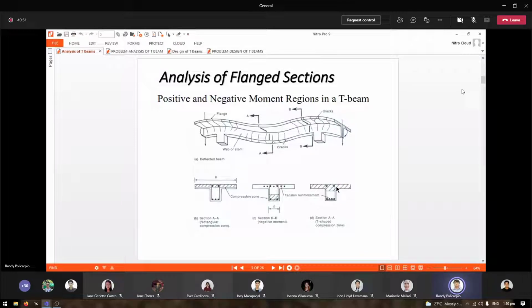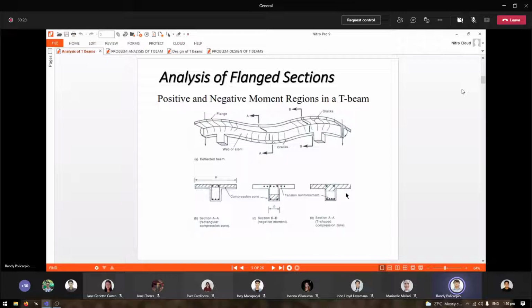We will consider the compressive force in the flange and we'll consider the compressive force in the web. So yun lang ang pinagkaiba nung dalawa. Okay? So then, we need to identify kung asan yung depth ng compression block for us to easily analyze yung ating T-beams. Okay? So yun yung about this part.